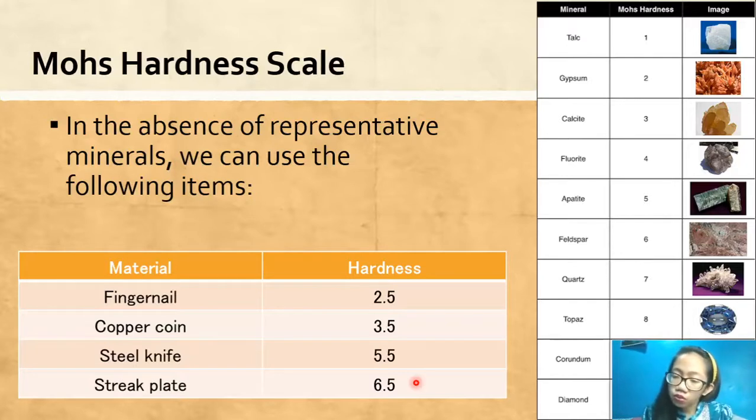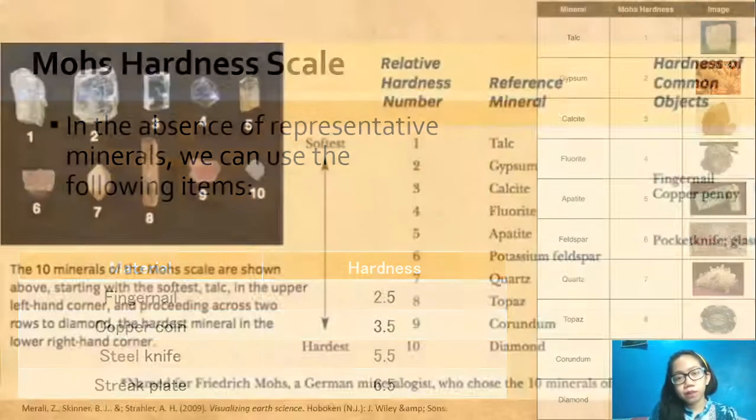How about using apatite, which is number 5, to scratch corundum, which is number 9? Will it work? Of course not. Apatite is only number 5 on the Mohs hardness scale, so we cannot use it to scratch corundum. That's how the Mohs hardness scale works.